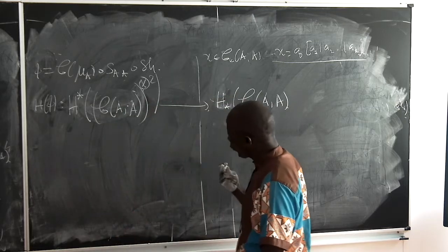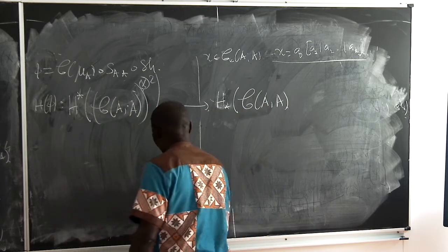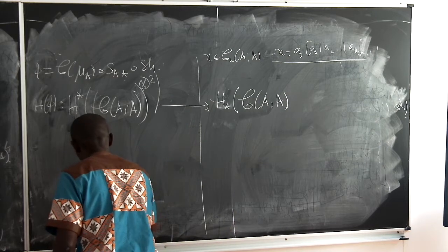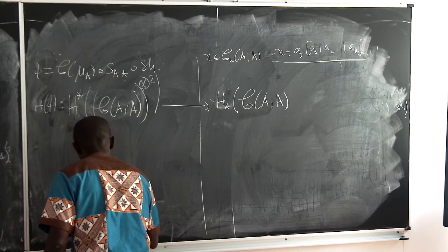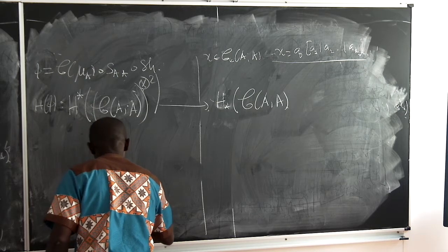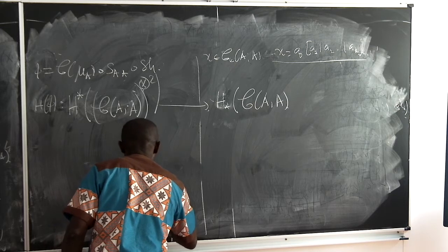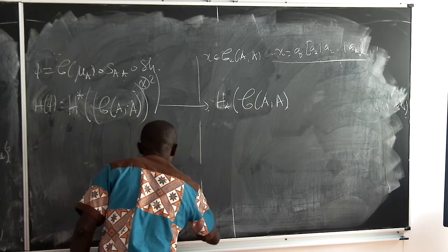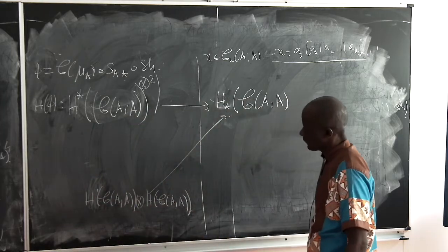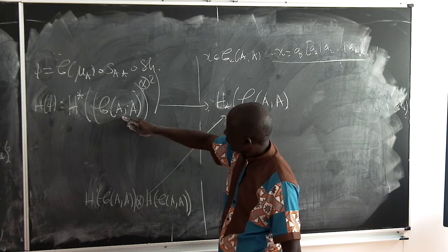But what we want to have is the map from, this is what we want to have. So how to move from here to here?